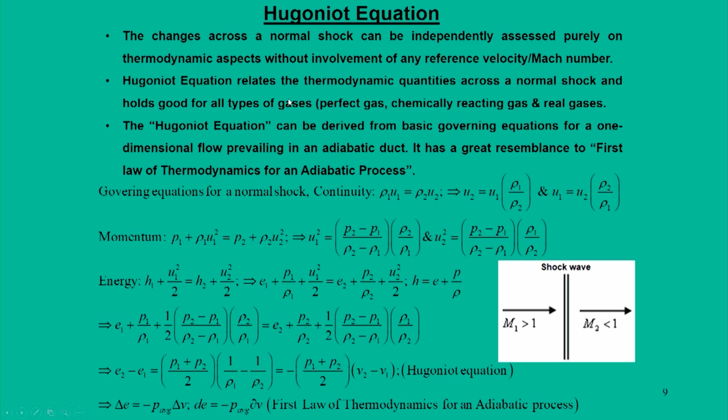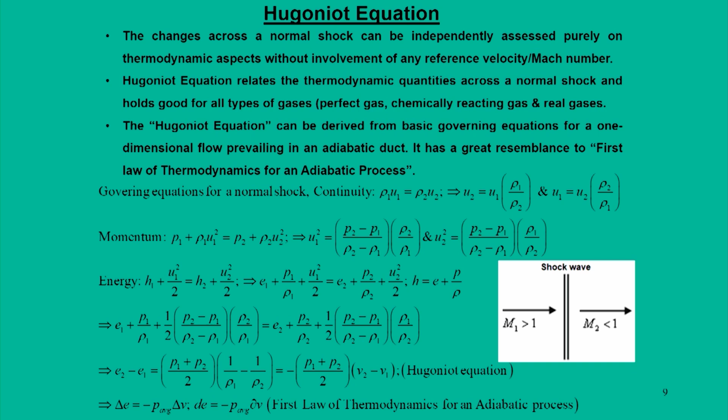Here we will not talk about Mach number, although Mach number is essential for such a case. For the time being, we will not introduce that, but we are going to assess the normal shock equations as thermodynamic evidence.